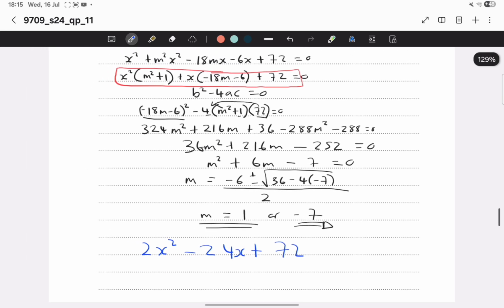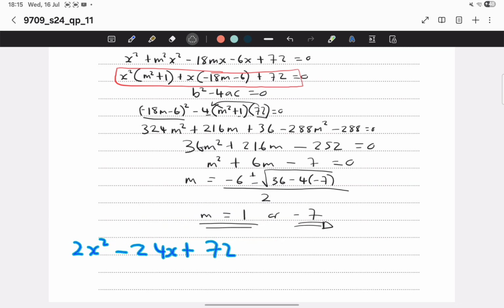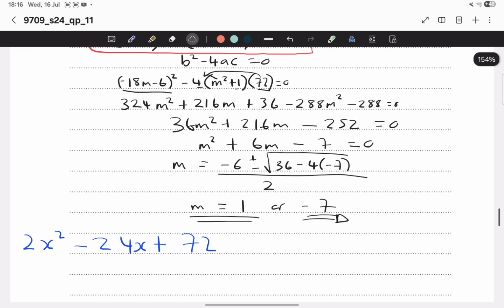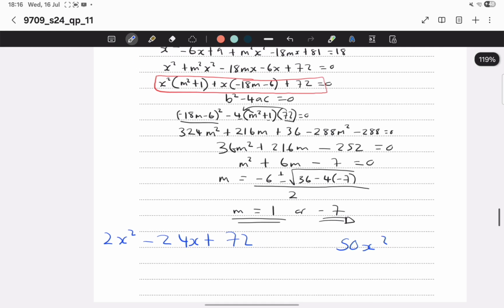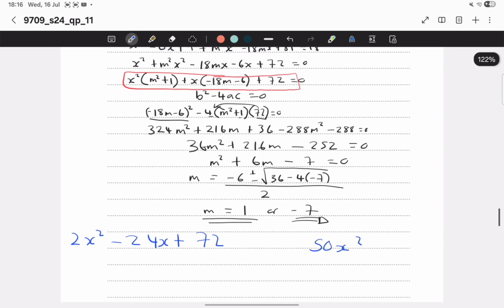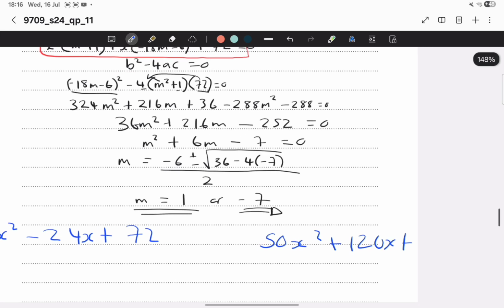For the other one, substituting −7: (−7)² is 49, plus 1, that's 50, so we get 50x². Then −18 times −7, minus 6, that's +120x, plus 72.